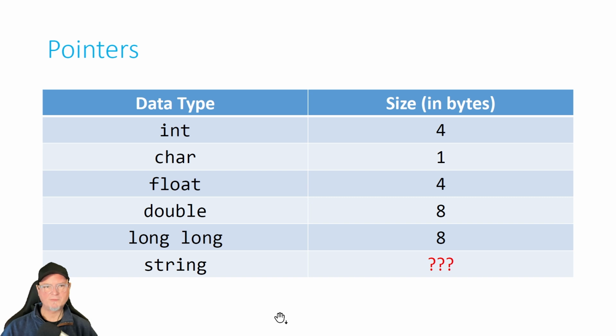Okay, so we're back to this table about the storage of different data types, and we're going to unveil what happens with string. So maybe we have a char type here. It turns out by default we allocate either 4 or 8 bytes. I'm not going to go into this with any detail, but it depends whether you're using a 64-bit or a 32-bit operating system.